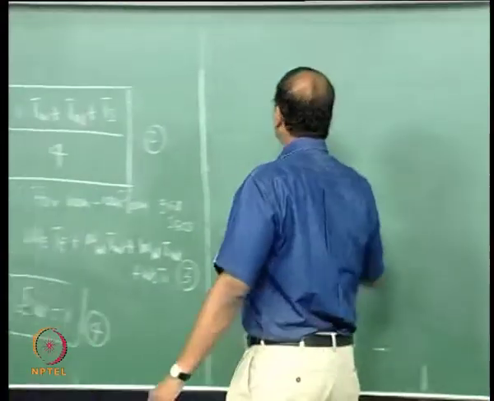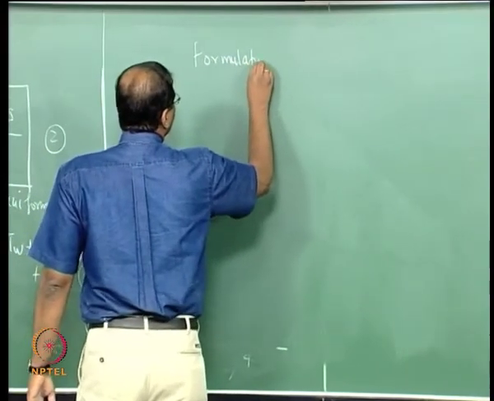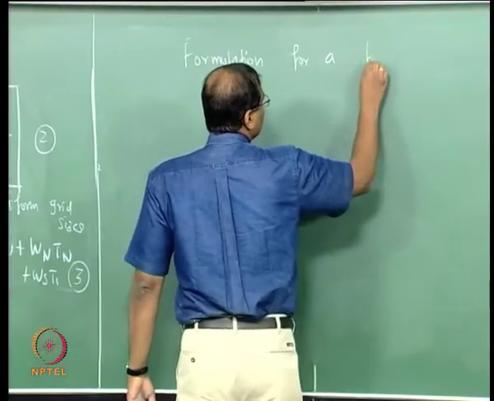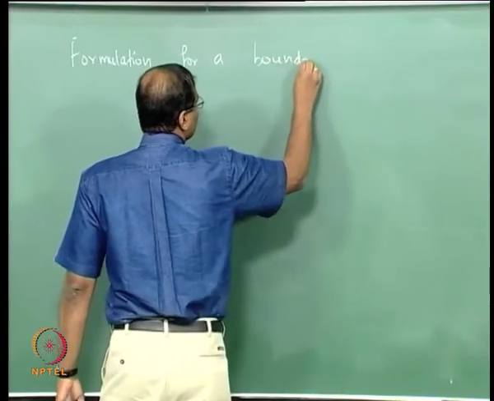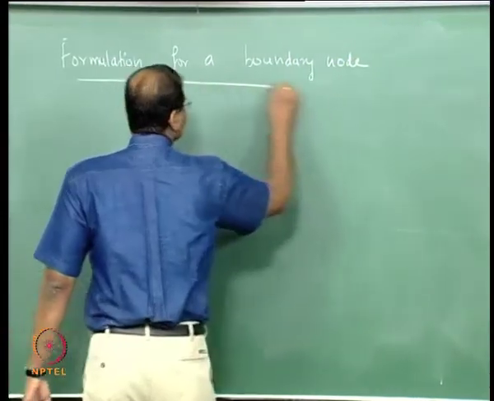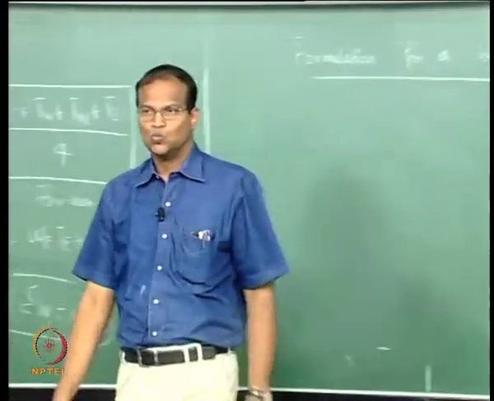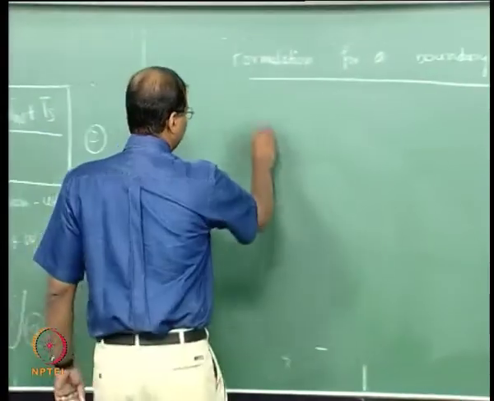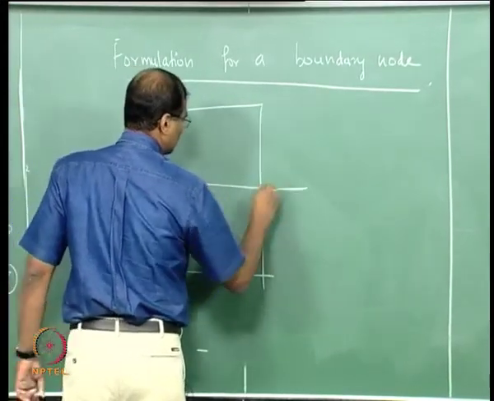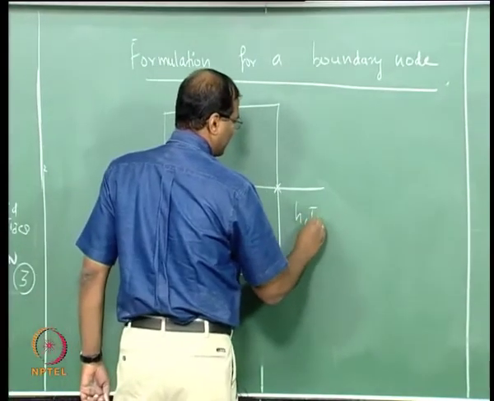Formulation for a boundary node. So, you are hitting a boundary here, that means you are having h and T infinity.